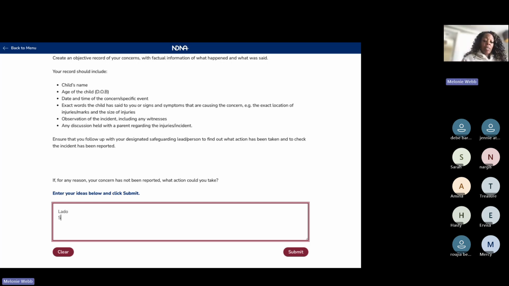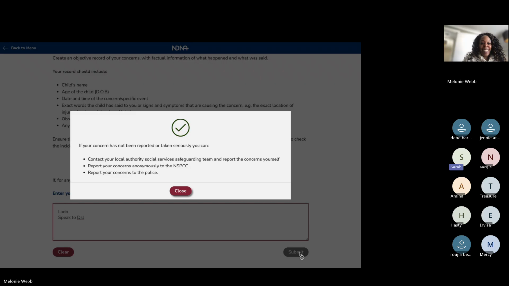Speak to your DSL as well. Why are you shouting at me, Sarah? LADO! Following Amina. Amina shouted too. Yeah, so we contact the LADO. You can report your concerns to the NSPCC, and you can also go directly to the police.